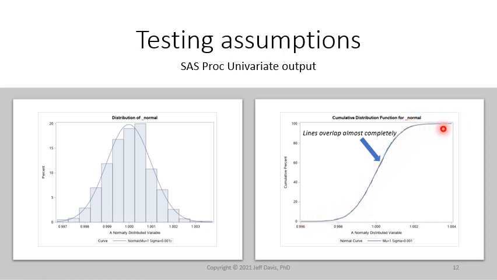So you have the numerical information in the table on the previous slide to show you how well your data matches up to a perfect normal curve, and then you have the visual confirmation as well.